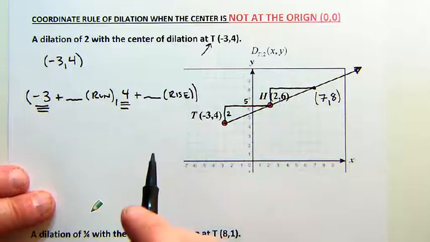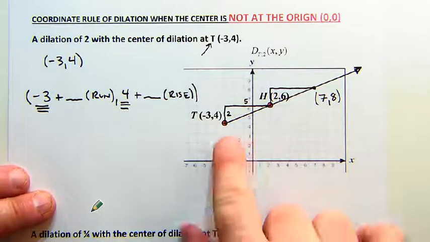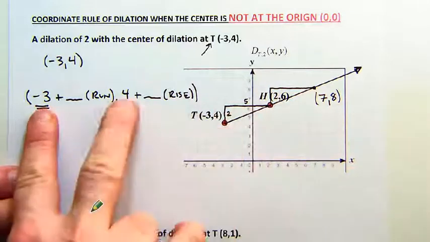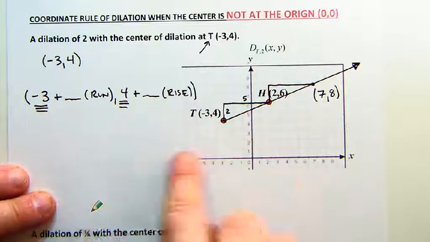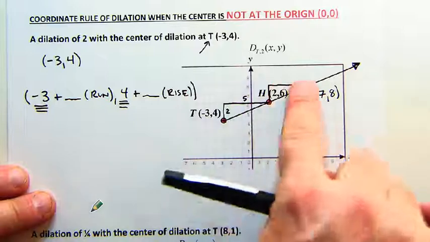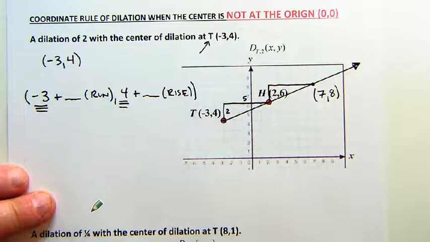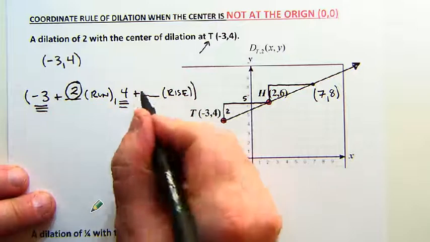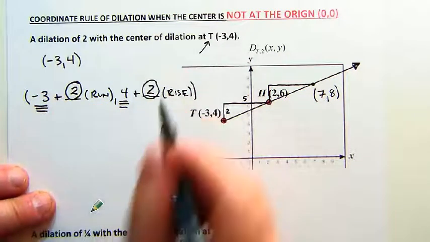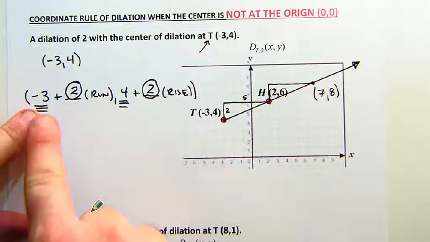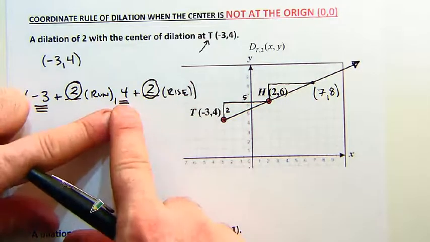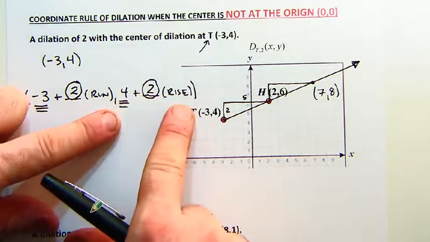So if I want to do a dilation of 3, really it means 3 slopes from that starting place. If I want to do 2, I want to do 2 slopes from that starting place. So in this case, I want to do a dilation of 2. So what that means is I'm going to start at my x value and do 2 runs. I'm going to start at my y value and do 2 rises.